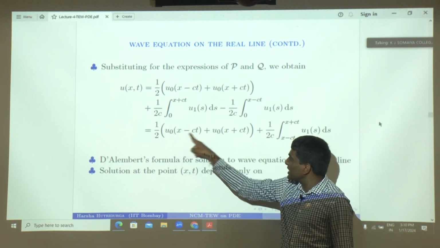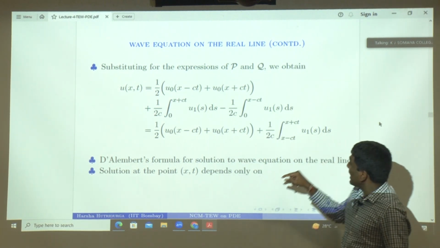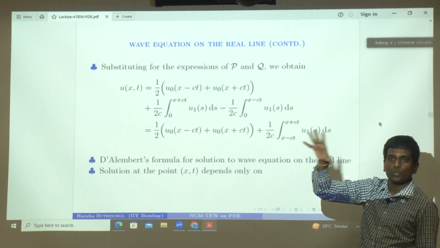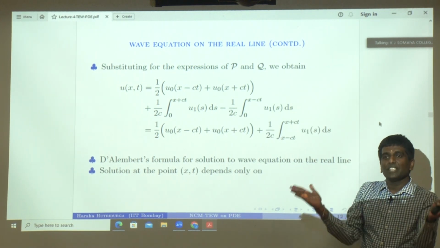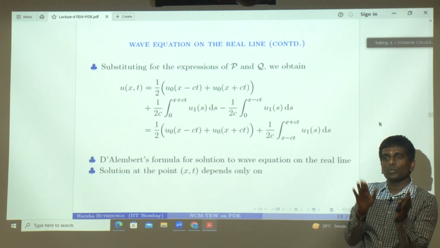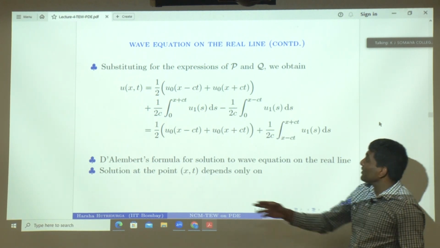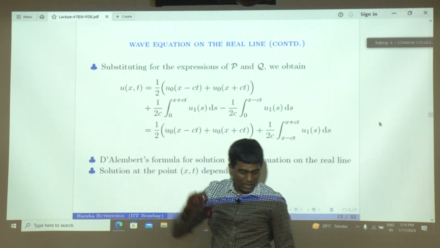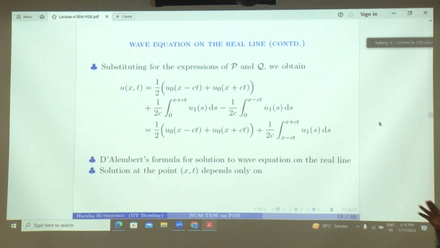Only the value of u naught at these 2 points matters, and the value of u1 in this interval matters, x minus ct to x plus ct. Outside that interval, the behavior of u naught and u1 is irrelevant for the value of u at the point xt. This is a very important observation to make.